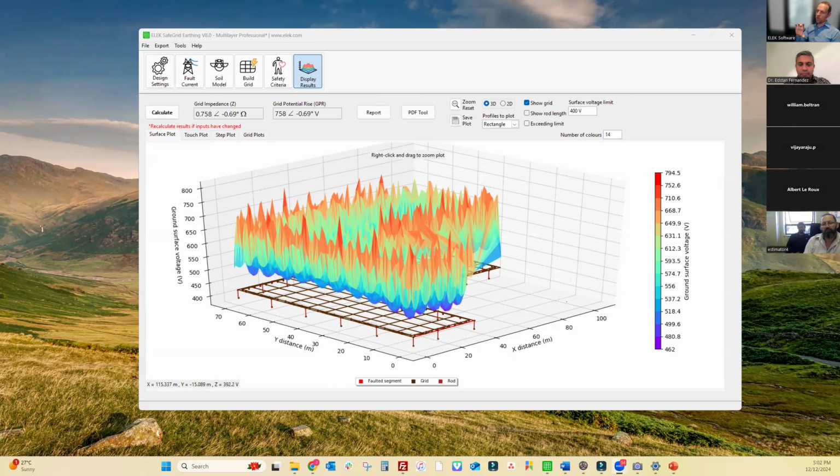And when we know the separation between the screen and the main conductor, then we can calculate the coupling between those two conductors. So what happens when there's a fault on the phase conductor is there's a mutual impedance or a coupling with the screen, and a high portion of the fault current is returned on the screen to the source and doesn't enter the earthing system where the earth fault is.